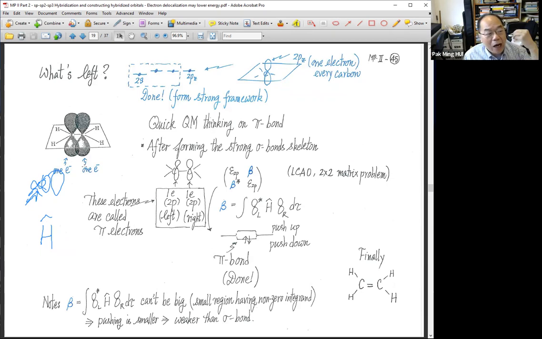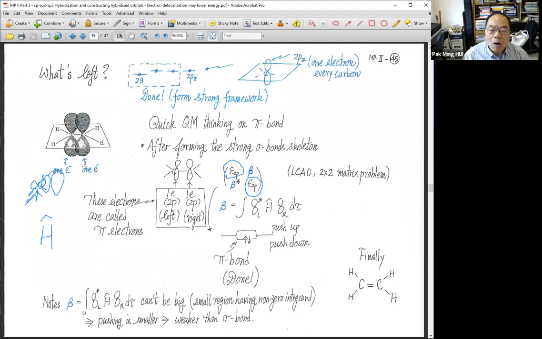And then you have two things: one pz from the left carbon, one pz from the right carbon. Okay? So therefore, LCAO again is a 2 by 2 matrix problem. They are the same carbon pz, therefore diagonally, it should pick up the atomic 2p state energy.